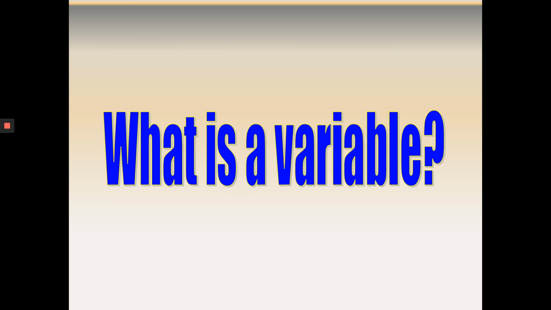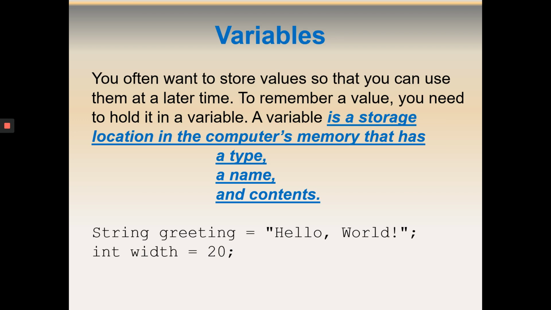So, all right. A variable is a storage location, and we take this piece of memory and we put something in it. If it's what we call a primitive data type, like int, double, boolean, or char, then that's just going to be the name of that little storage location.